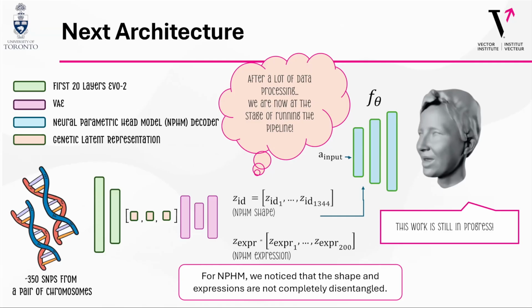Given these, we have a VAE that goes between the manifold of the genes and the manifold of the faces, and then we try to reconstruct with the pre-trained NPHM. Our advantage is that we're trying to utilize as many pre-trained models as possible that have already taken the time to learn each individual task, and we're just mapping the manifold between each other. That's the general idea of this.